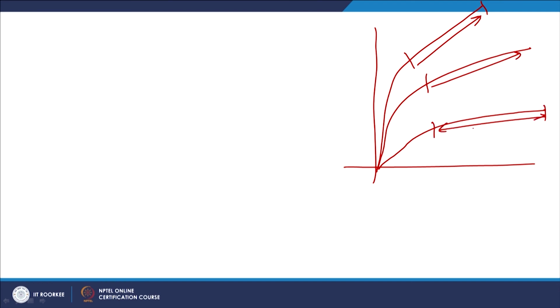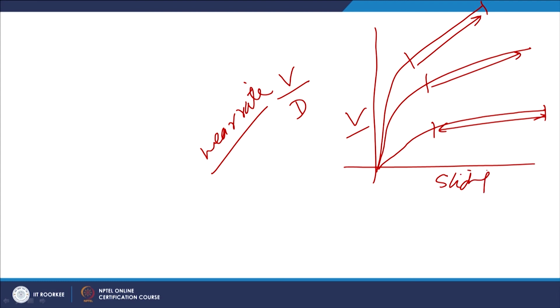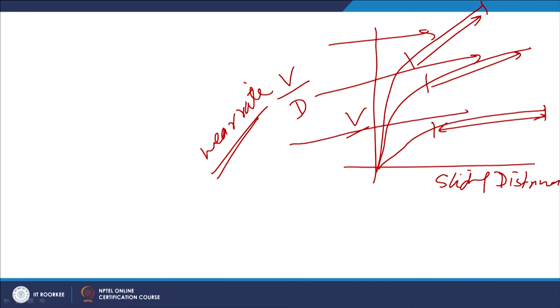So, this slope of the wear volume versus distance relationship is termed as wear rate. The slope of the curve in the wear versus sliding distance or sliding time curve, for a given sliding velocity, shows the wear rate. So, if the slope is high, wear rate will be high.